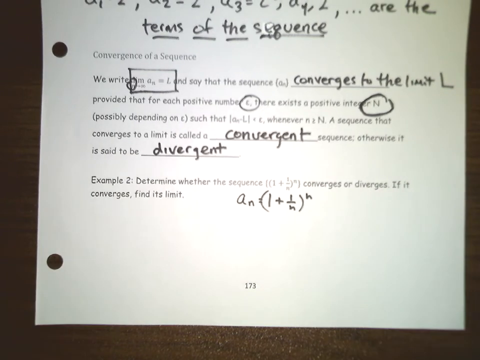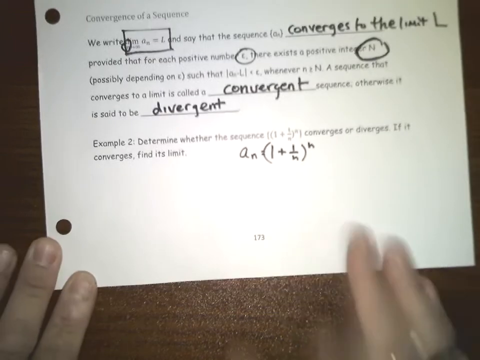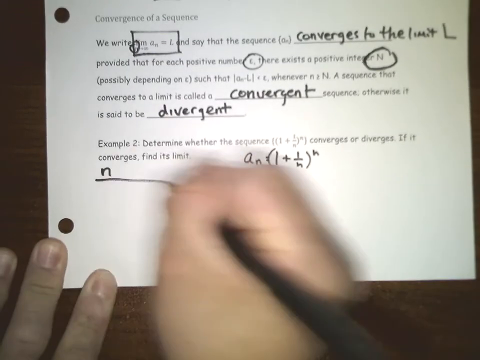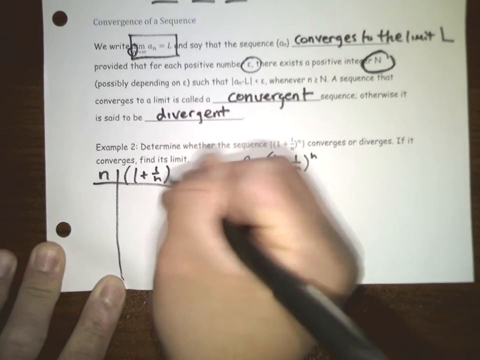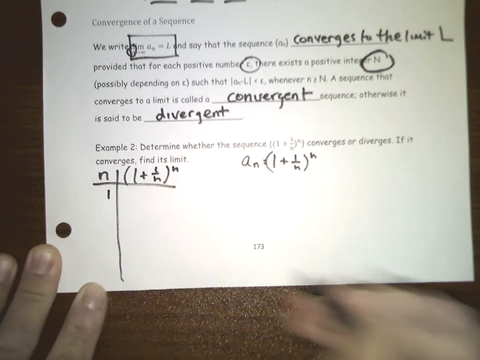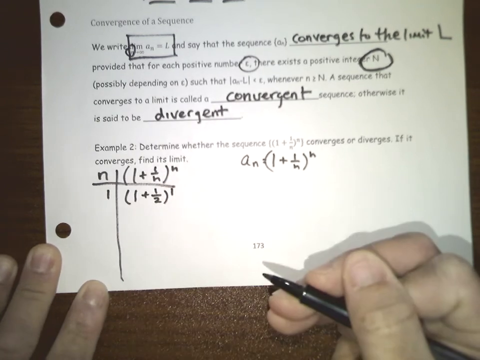So determine whether the sequence a sub n equals 1 plus 1 over n, to the n power, converges or diverges, and if it converges, find its limit. So let's just start with n. If n is 1, I get 1 plus 1 over 1, to the 1 power.